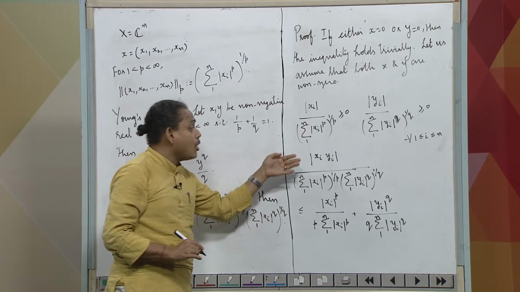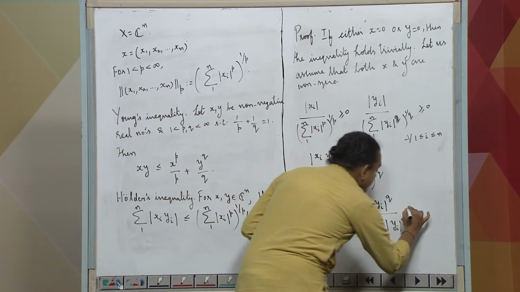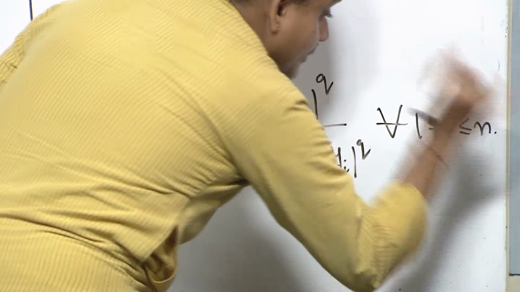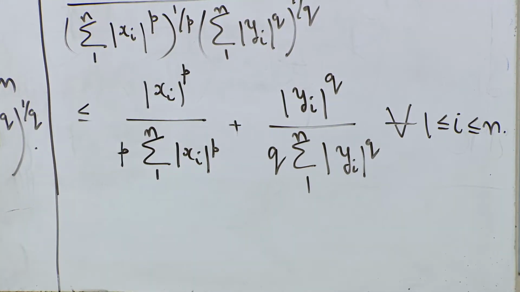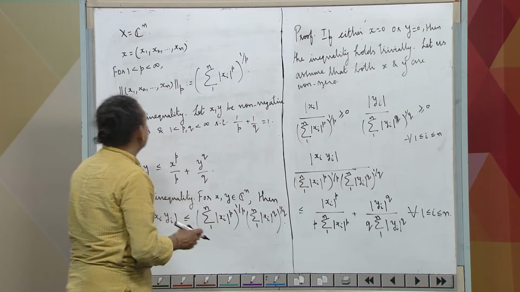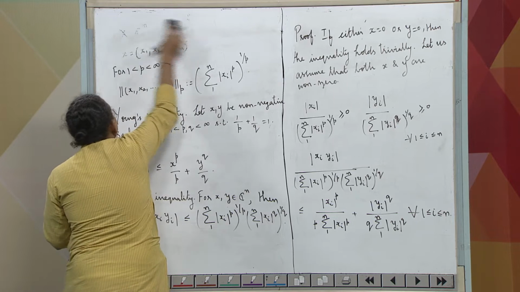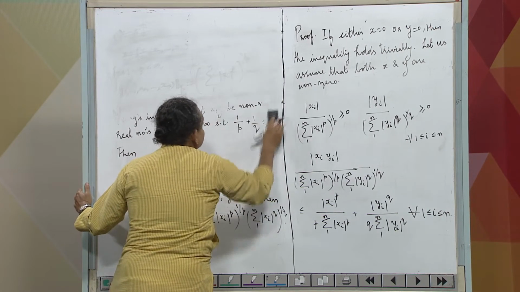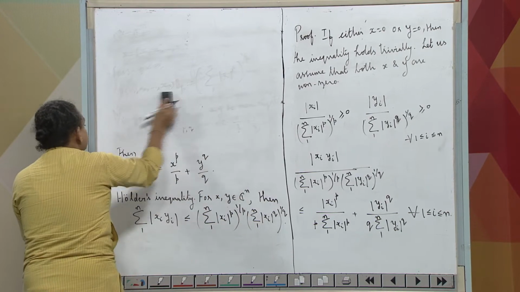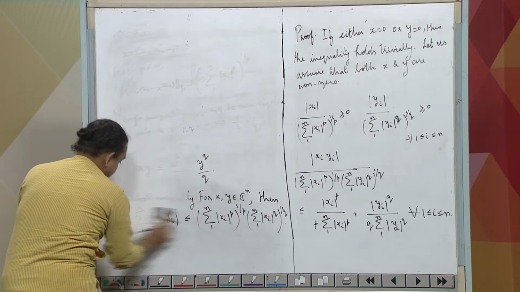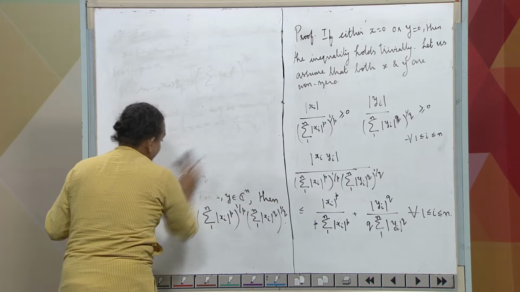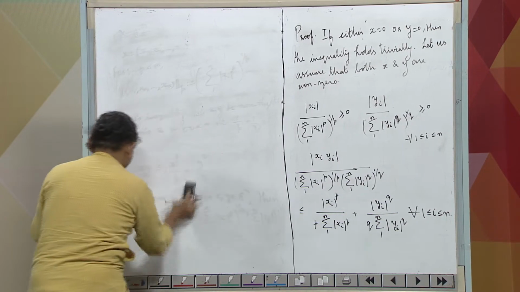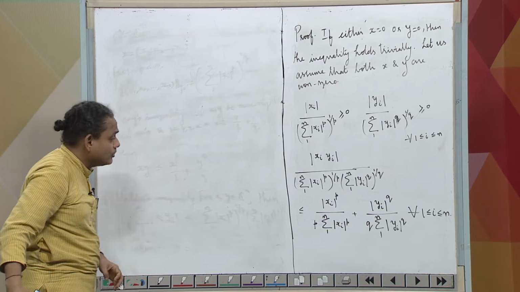So, this is true for all i, 1 less than or equal to i less than or equal to n. Now, what we are going to do is sum over all these i.